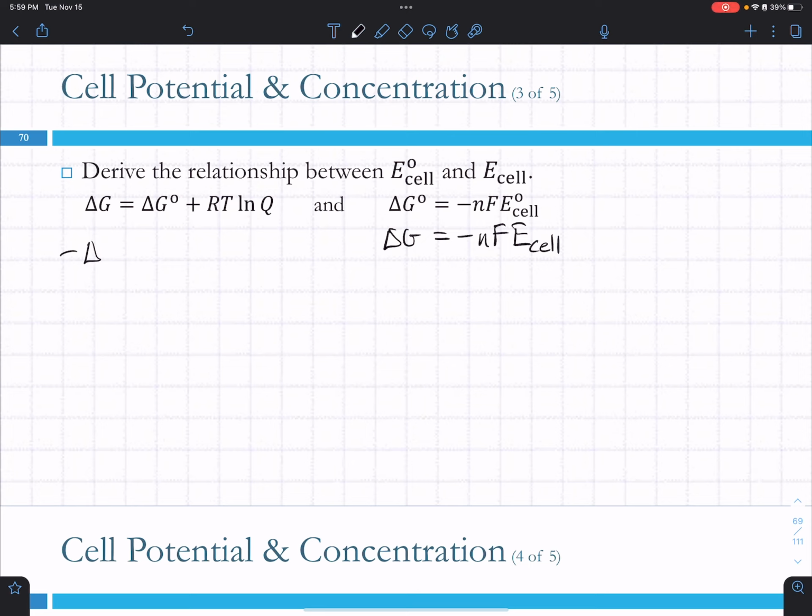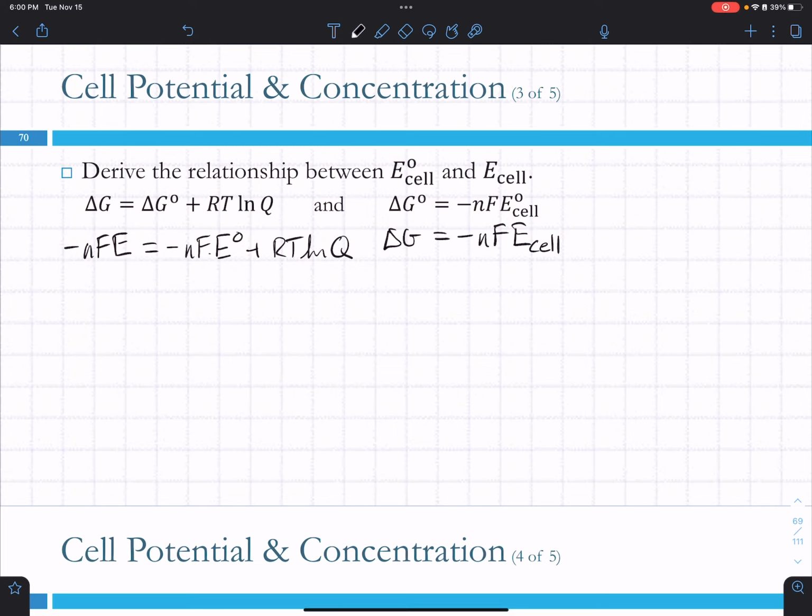This is negative NFE, I'm going to leave the cell off, and negative NFE naught plus RT ln of Q.